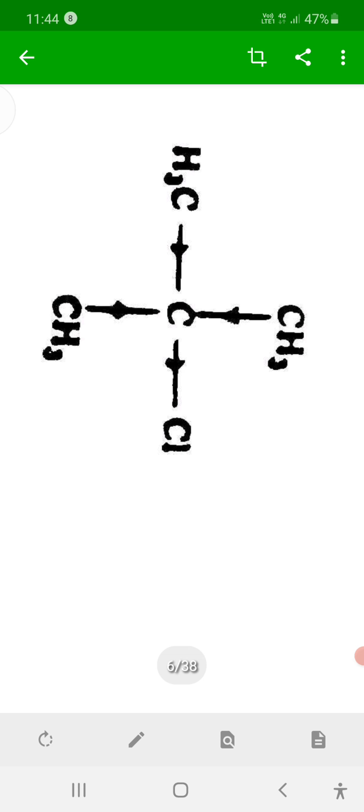Because of the presence of halide in alkyl halides, and because of that inductive effect, the alkyl halides are more reactive, because the C-X bond is more breakable in alkyl halides.